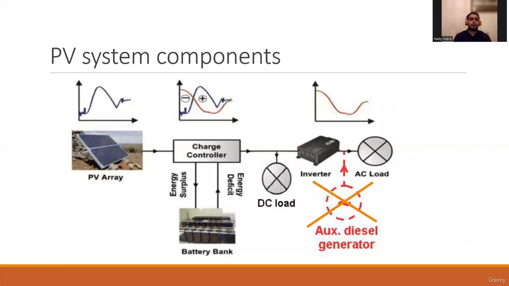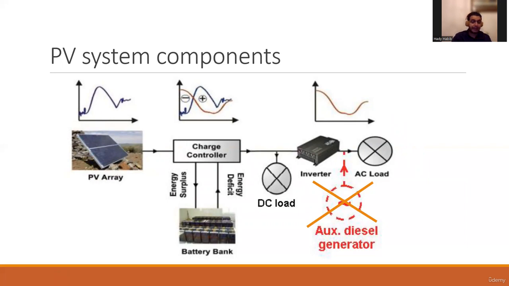Before we go for the procedure that we are going to follow in order to size the PV system to feed a community, let me try to illustrate to you the PV system components. For sure, you know that we are going to have the PV array, which converts the sunlight to electricity.